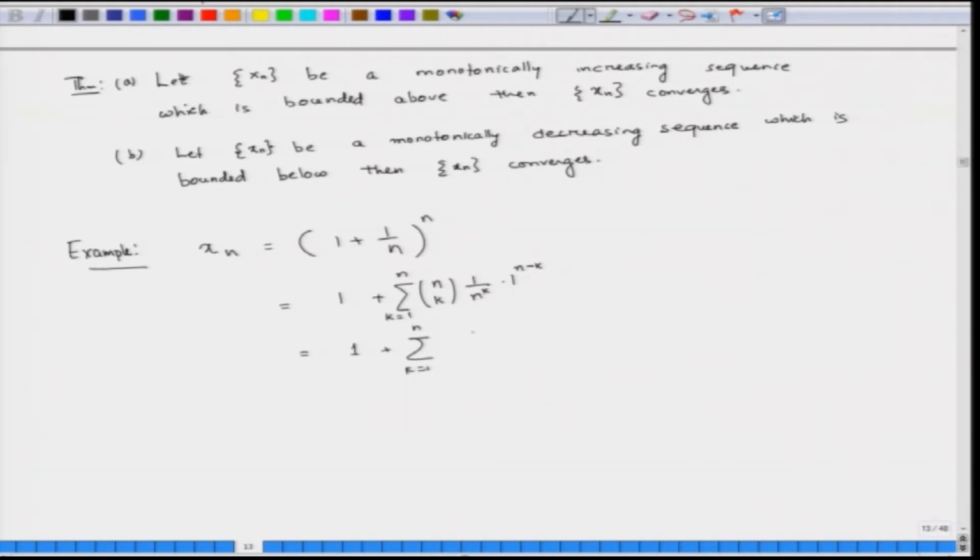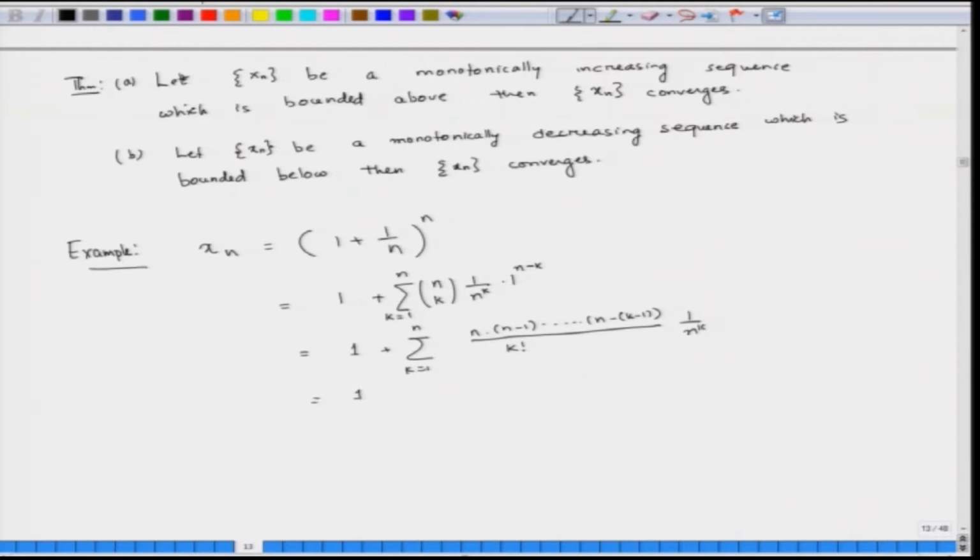Now n choose k is n into n minus 1, up to n minus k plus 1, divided by k factorial, and then 1 by n to the power k.